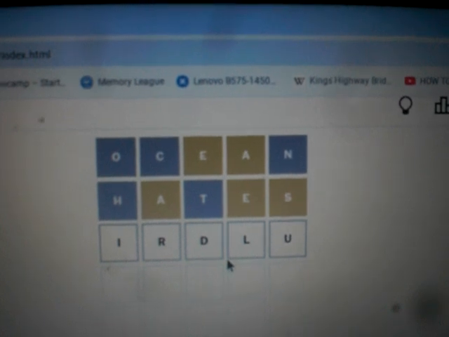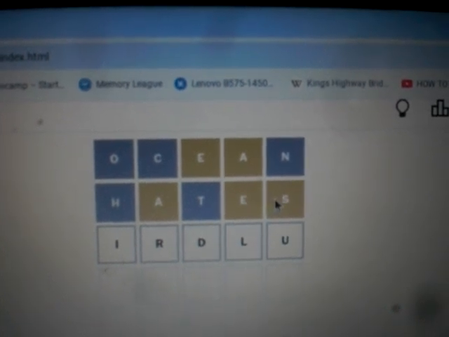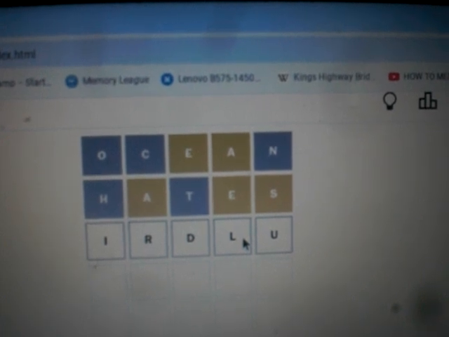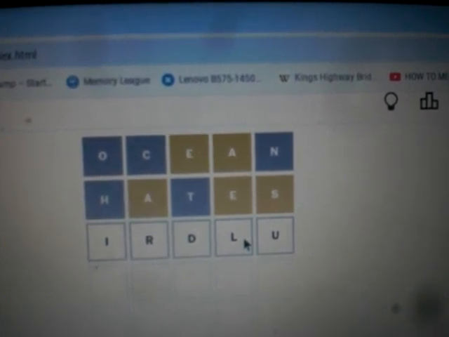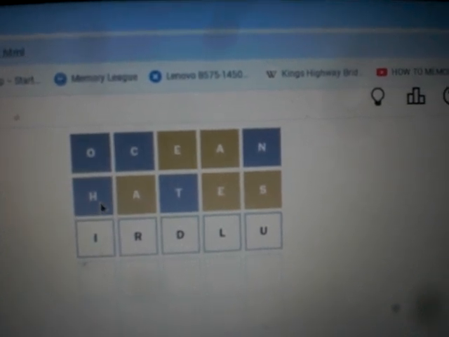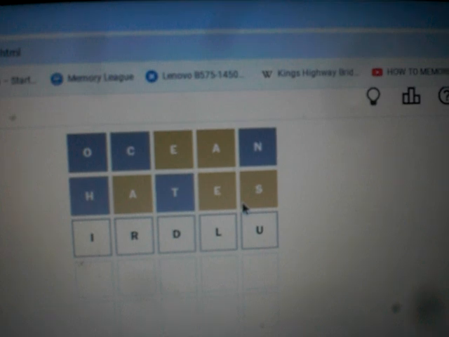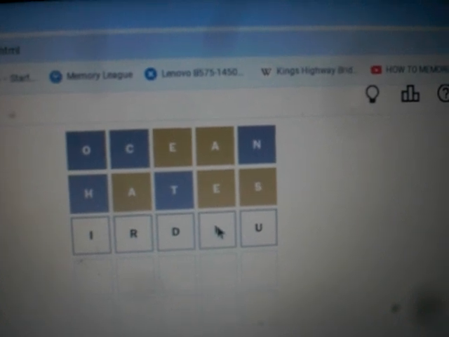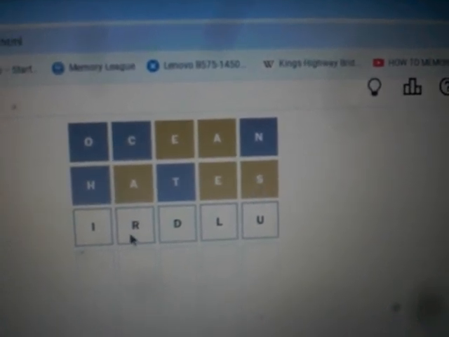So does anything jump out at you? Okay, maybe it starts with the vowel A, S, A, S, A, L, S, E, A, R, S, E, A, R. Sears.